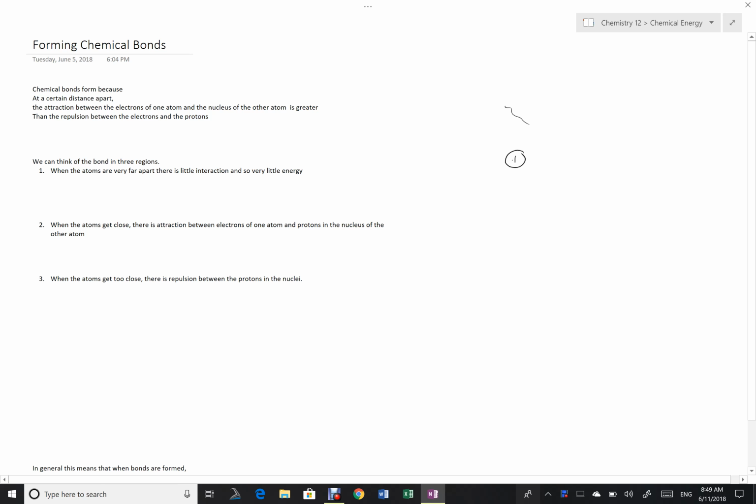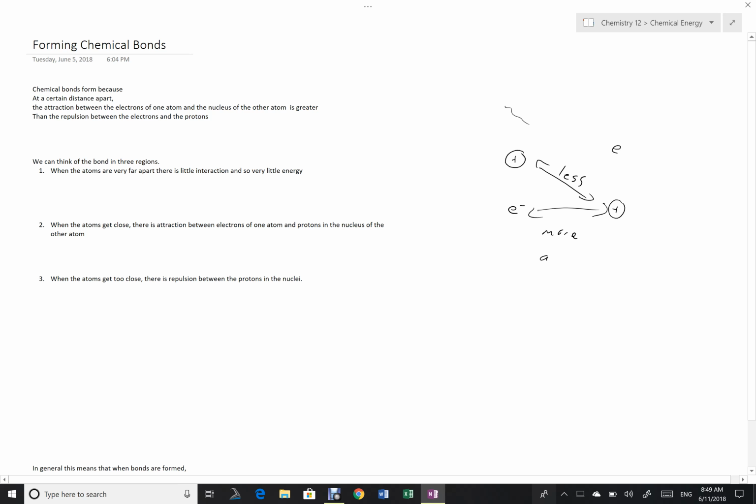So if we imagine we have a positive nucleus and an electron, and a secondary atom with a positive nucleus and an electron, the plus and the minus can see each other more than these guys.